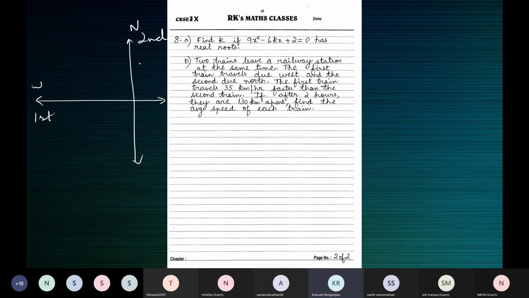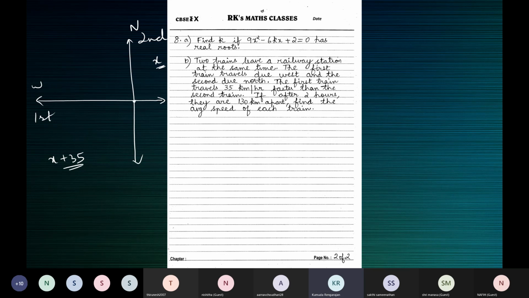So let the speed of the second train be x km per hour. Let the speed of the first train be x plus 35 km per hour. That is the assumption. Speed is already there, x and x plus 35. Next is time. The 2 trains start at the same time and both travel for 2 hours.